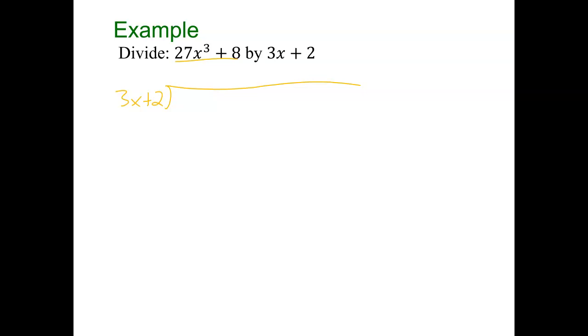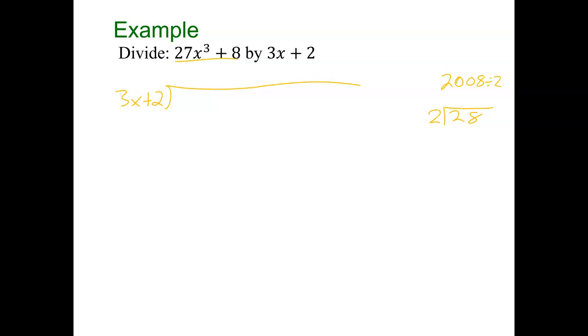Okay? If I asked you to divide 2008 by 2, and you wrote it like this, would you get the same answer? No. Your exponents are like the place values of an integer.